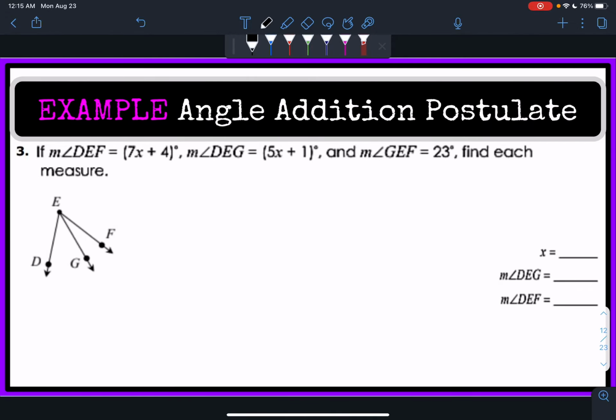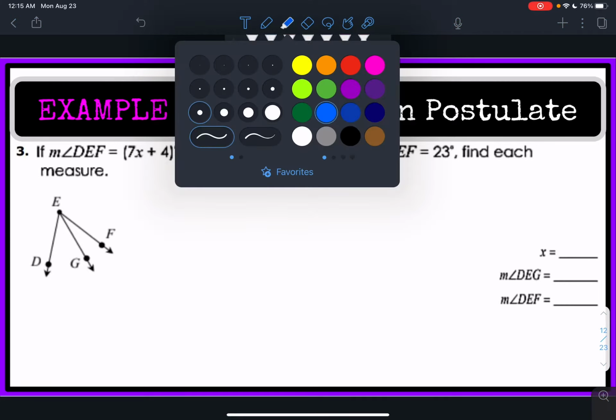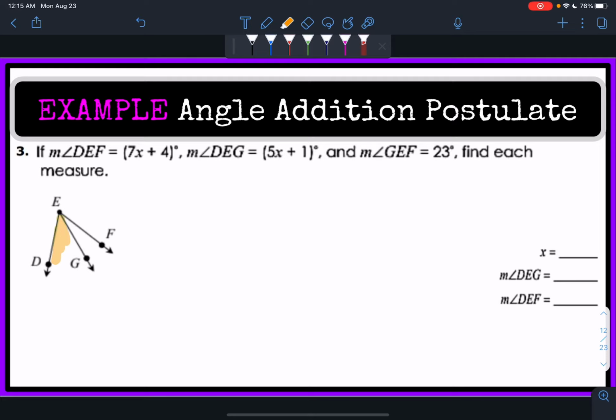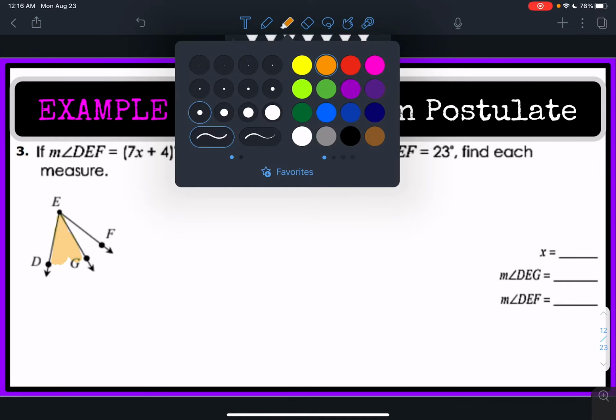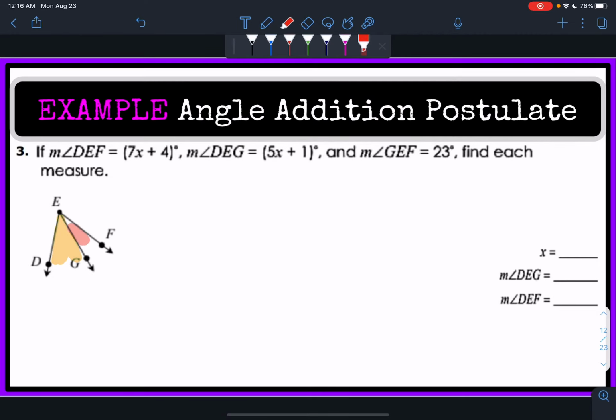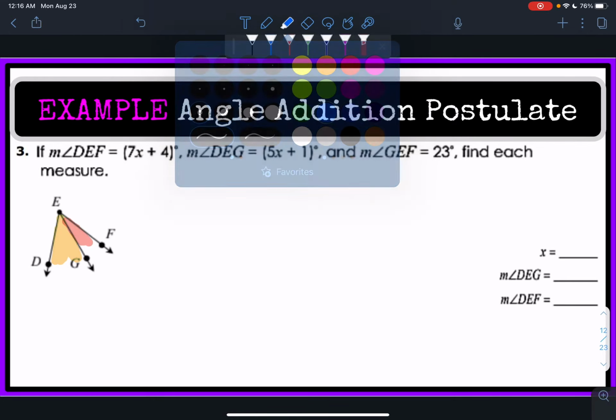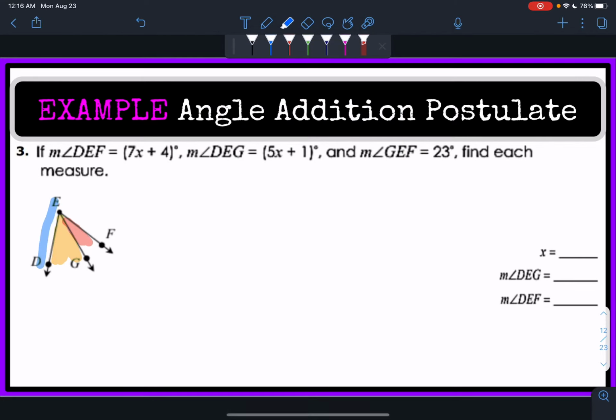Now in our third example, our equations are becoming a little bit more complicated, but the idea again is still the same. In order to use the angle addition postulate, if I add again the two angles next to each other inside, they have to equal the measurement of this big angle from point D to point E, vertex E to point F, okay?